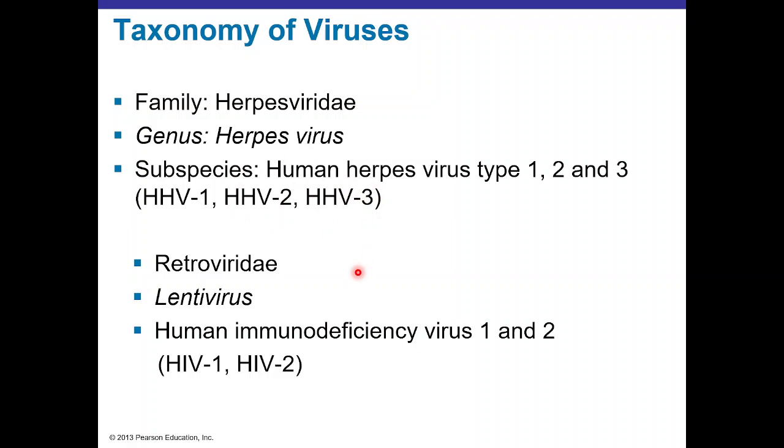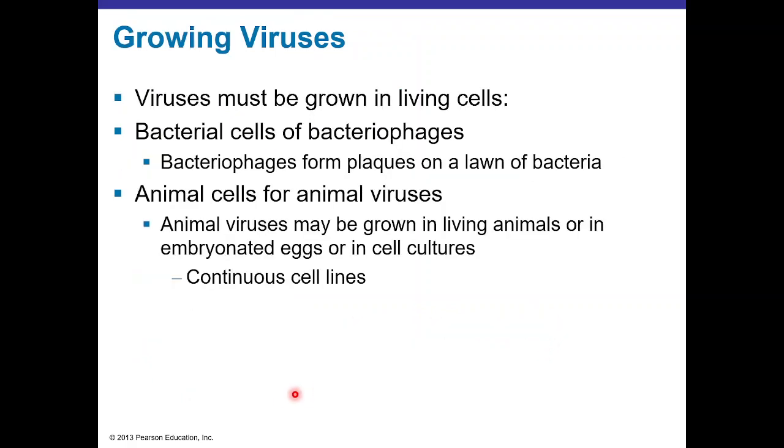Another example, in this case for a virus of the Retroviridae family, we have the genus lentivirus, and we have these two subtypes. So we have human immunodeficiency virus type 1 or HIV-1, and human immunodeficiency virus type 2 or HIV-2.